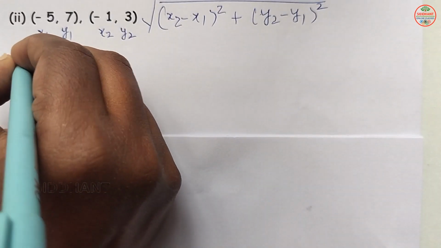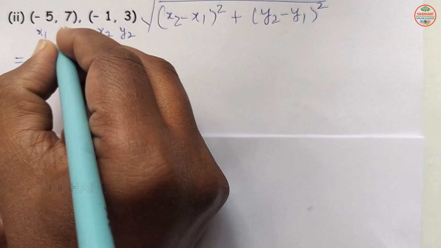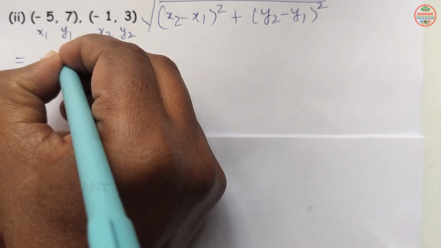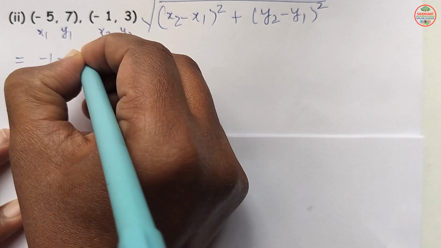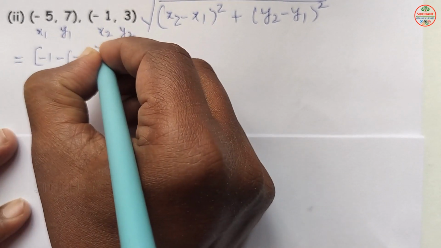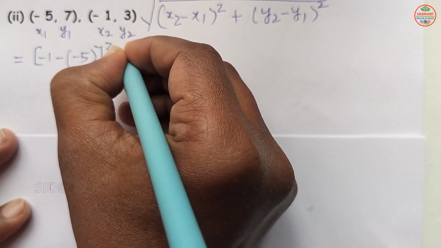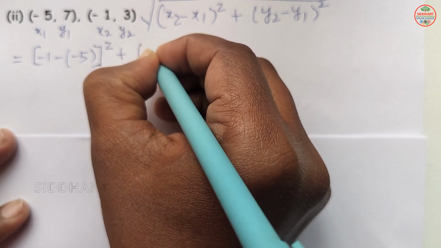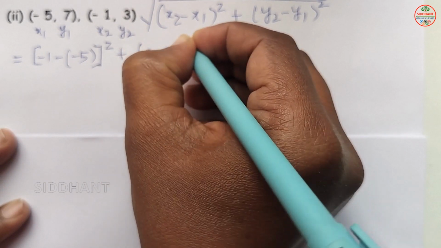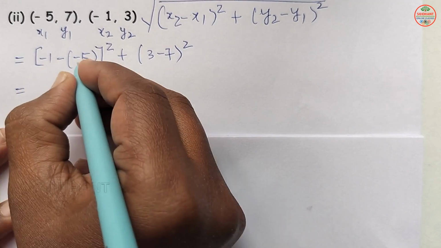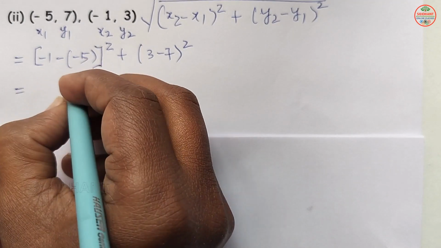Input the data: x2 minus x1 will be minus 1 minus of minus 5, whole square, plus y2 minus y1, which is 3 minus 7, whole square. So that will be minus 1 plus 5.